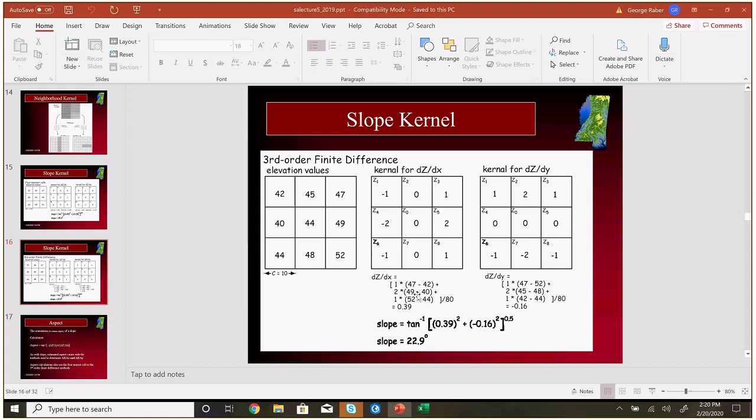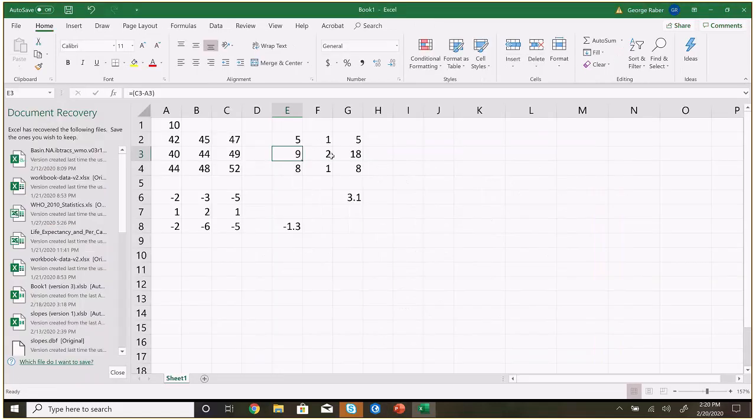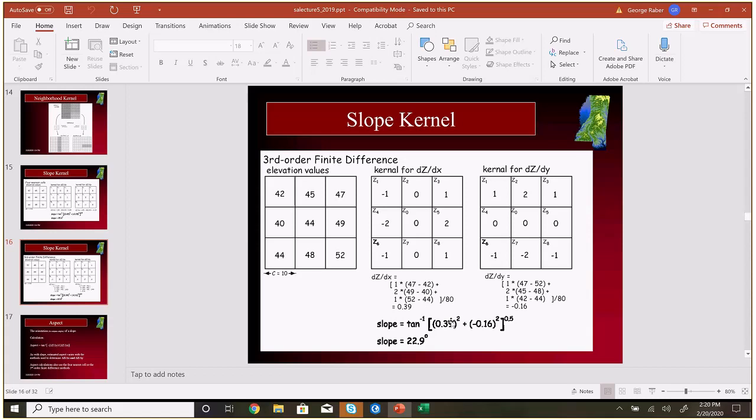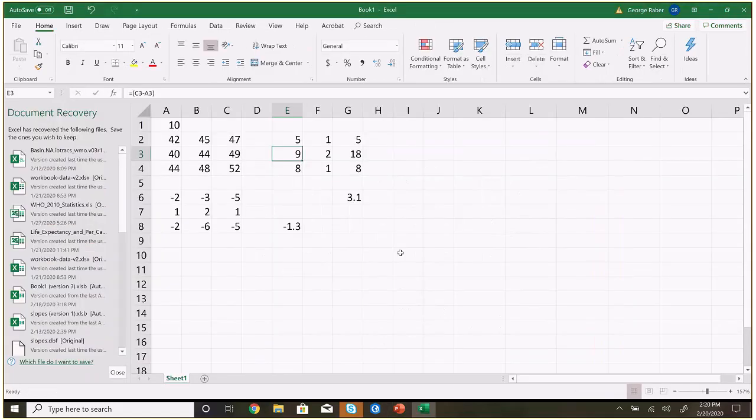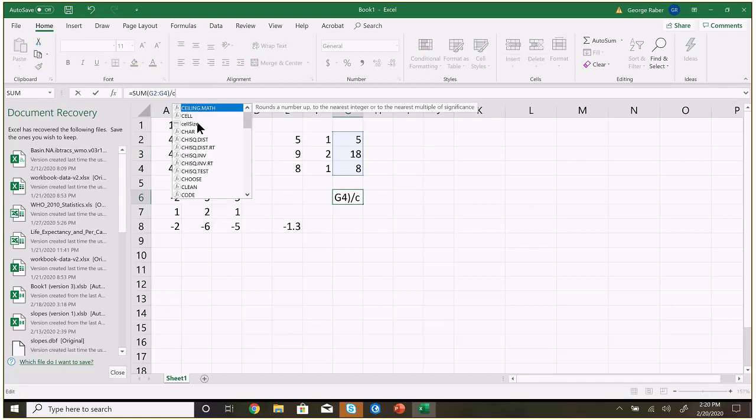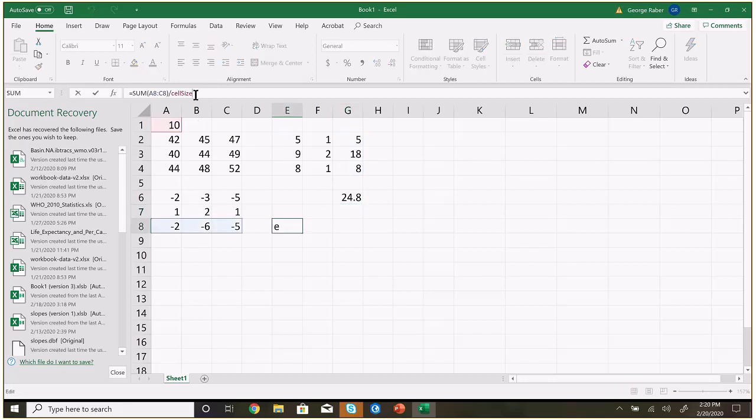So 5 plus 18 plus 8, divided by 80. Oh, yeah, sorry. It's the cell size times 8, and we have to put parentheses around it. And now we have the same numbers.